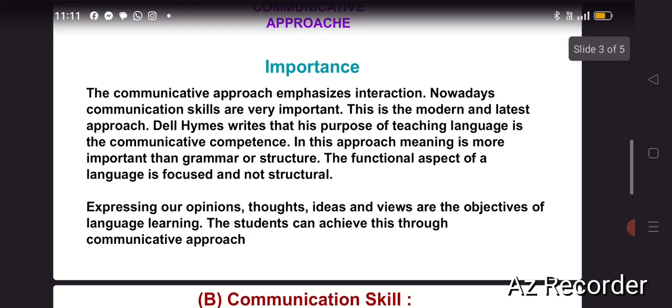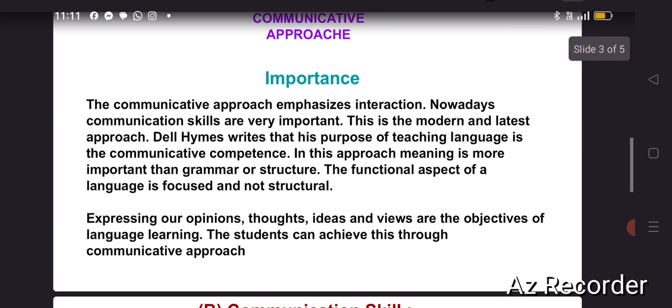So the functional aspect of the language is focused and not the structural. Now, functional and structural. Here, structural, we know that structure means there are scientific grammatical rules used in language. At that time it is called structural.